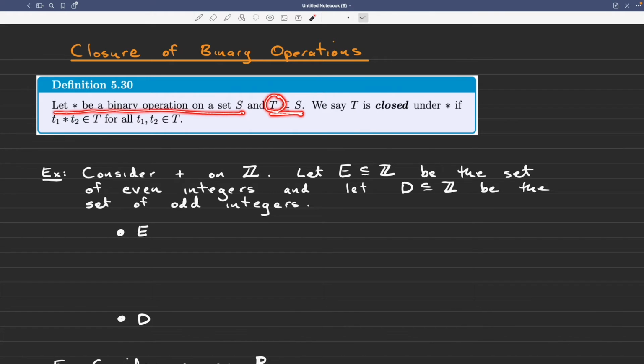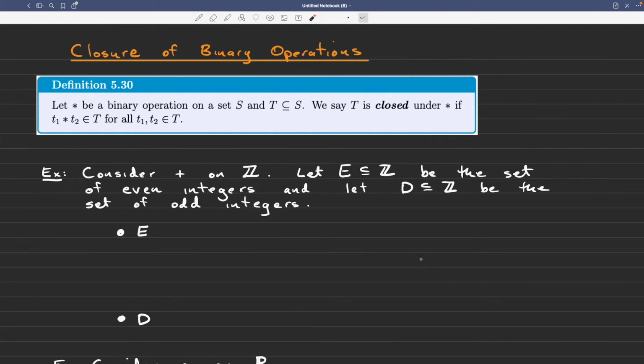If that's always the case, then that's when we say T is closed. So T is closed under the operation if whenever you star two things together from T, you get back something that's in T. So T1 star T2 will be in T for all T1 and T2 in T.